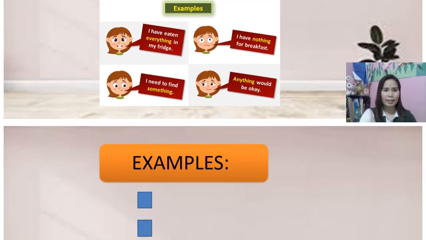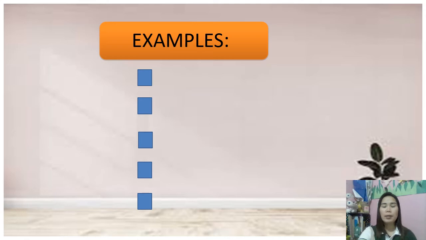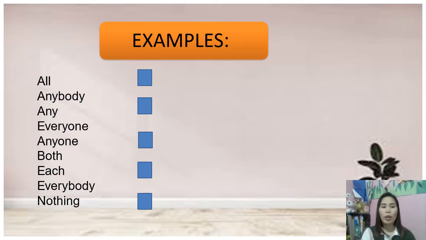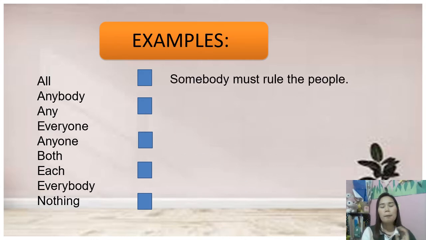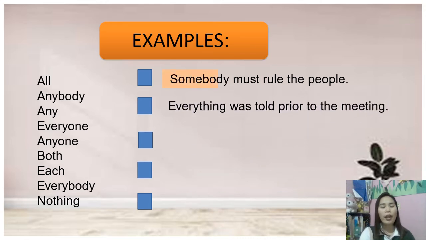Here are some examples of indefinite pronouns: all, anybody, any, everyone, anyone, someone, both, each, everybody, nobody, somebody. Here are some sentences. Somebody must rule the people. So the word somebody. Next we have, everything was told prior to the meeting.